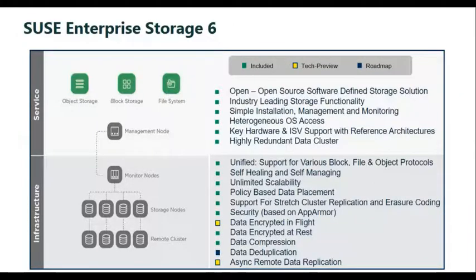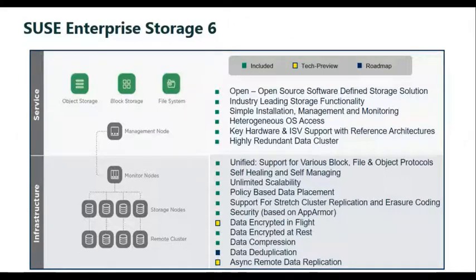So that is a tech preview feature right now for us. The second feature that you look at in tech preview is asynchronous remote data replication. So data replication, DC-DR, was initially available only for block data, but in SES 6, we have a preview version where you can replicate all types of data.